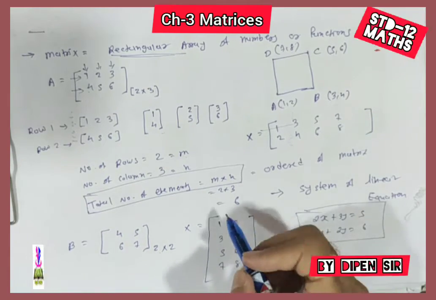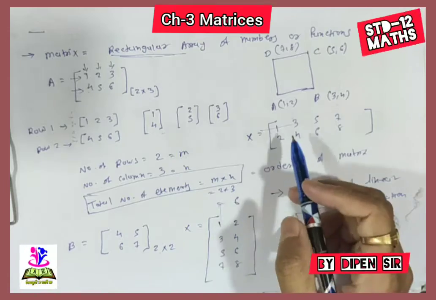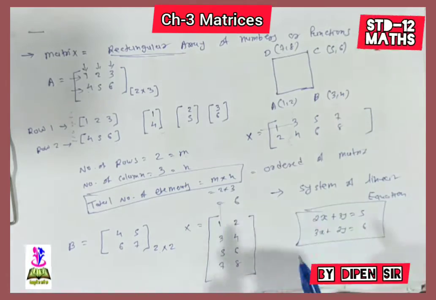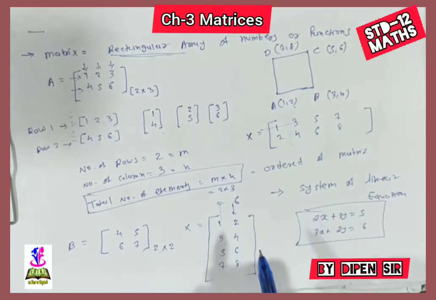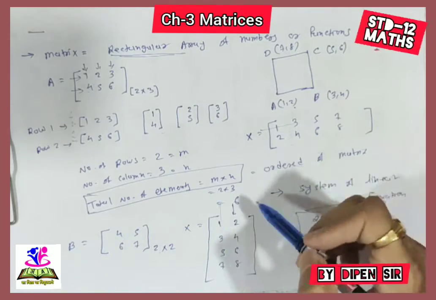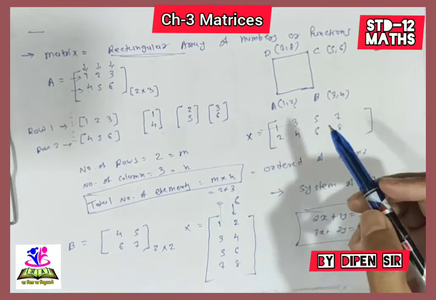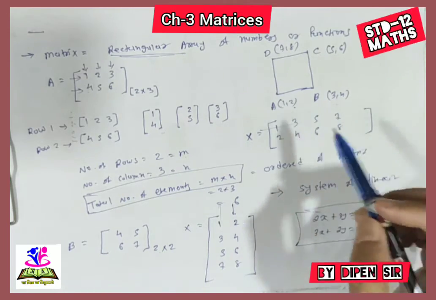So here we have considered column 1 as x coordinate of each of the points, and column 2 as y coordinate of each of these points. Done. This is matrix representation of any quadrilateral or any geometrical figure.